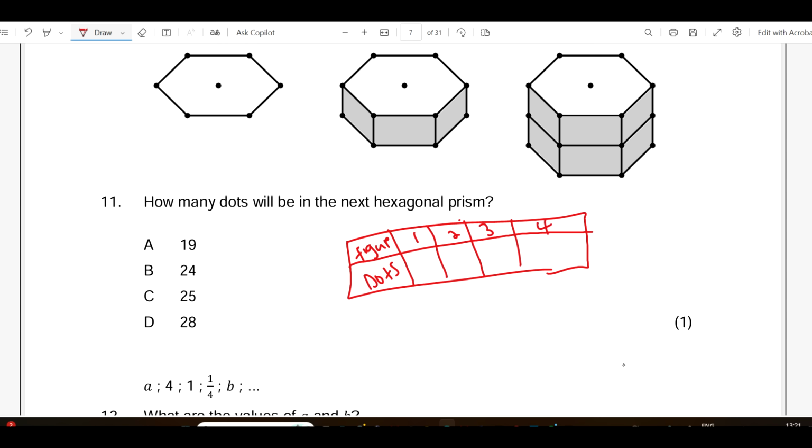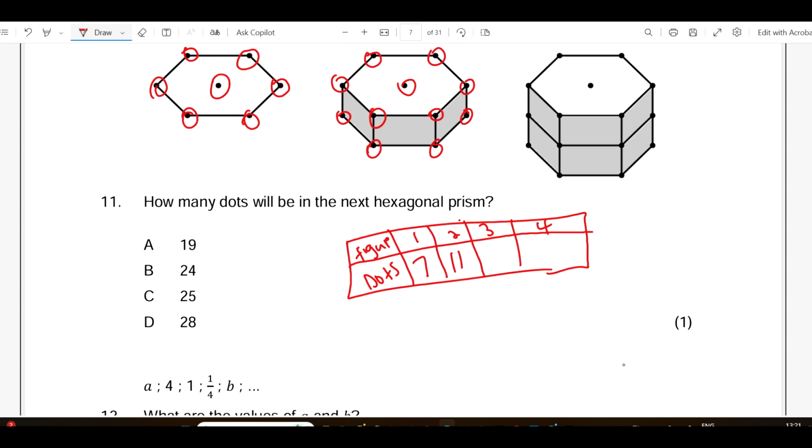In number 1, how many dots? 1, 2, 3, 4, 5, 6, 7. Yeah, 7. And then in number 2, 1, 2, 3, 4, 5, 6, 7, 8, 9, 10, 11. I have 11.